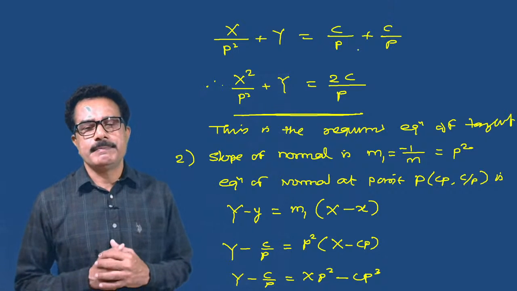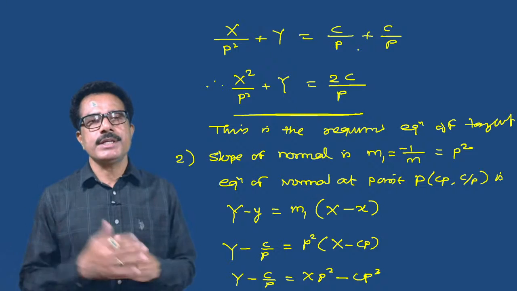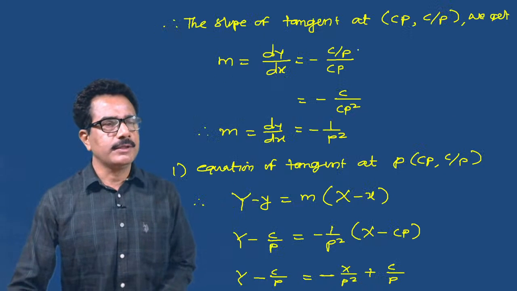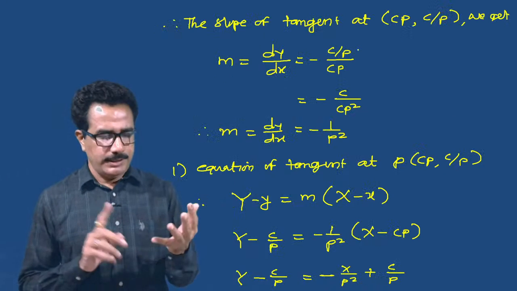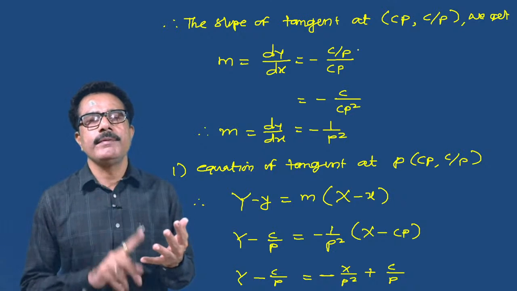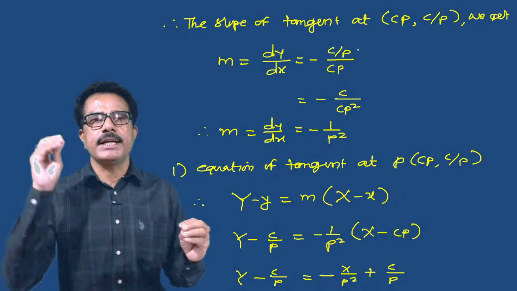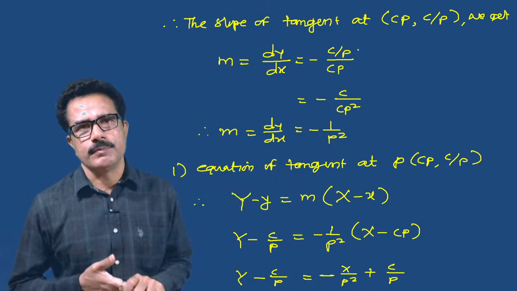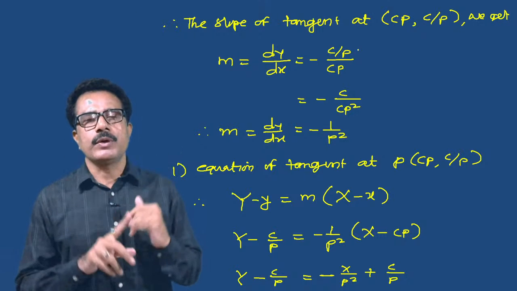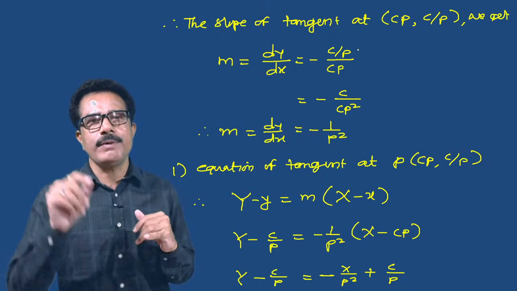In this way, for any problem, the tangent of any curve, of any function, we can find the equation of a tangent and normal for any type of curve. What we have to do? First of all, we have to calculate the derivative, that is dy by dx.